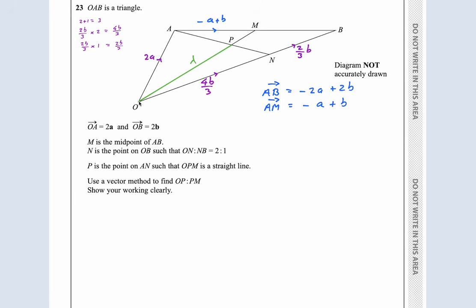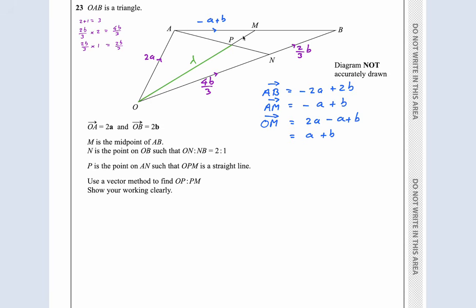Okay, now I can get OM, because I have AM. So OM, that will be from here all the way to M. It's going to equal 2A. I'm going to go up the 2A and along this. So it'll be 2A plus this, which is minus A plus B, which is 2A minus A is A plus B. Okay, nice.